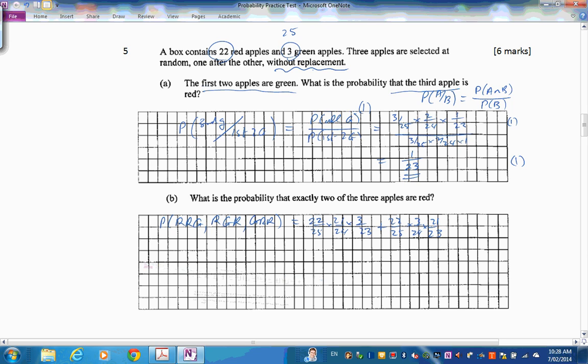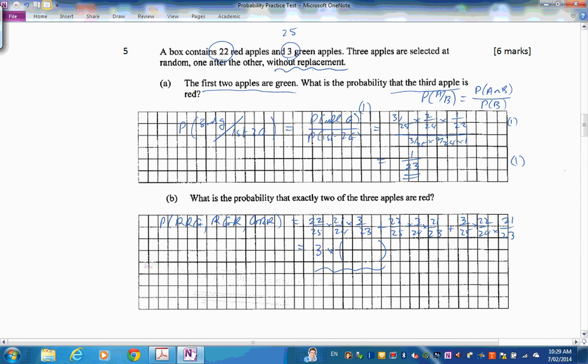And then the last one, green, red, red: 3 on 25 by 22 on 24 by 21 on 23. Same thing again. So it's actually 3 lots of that product, and we'll leave it at that.